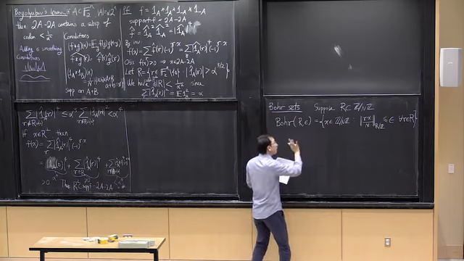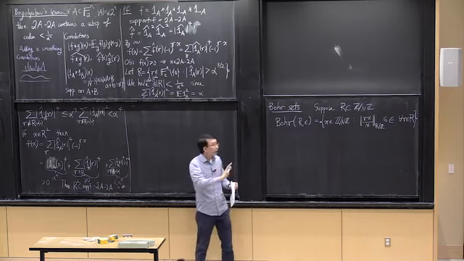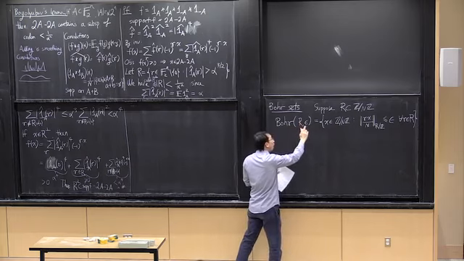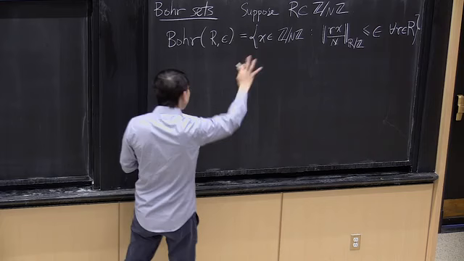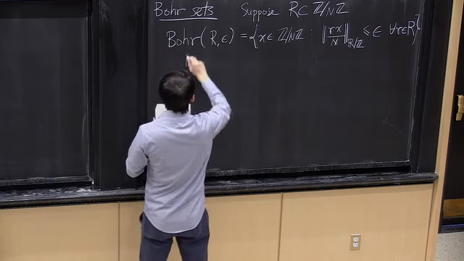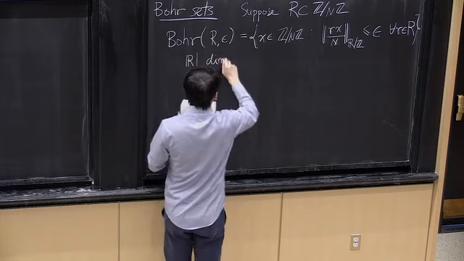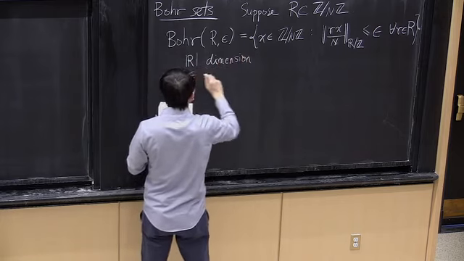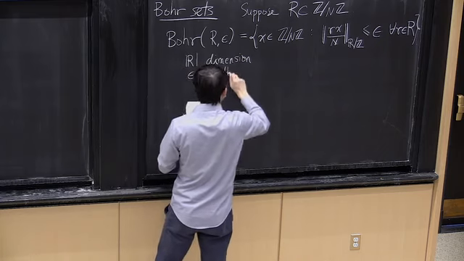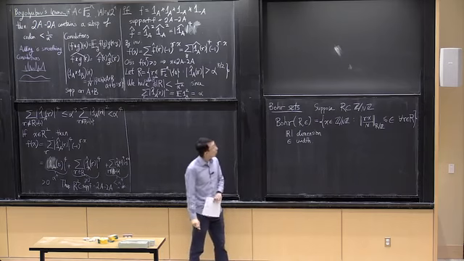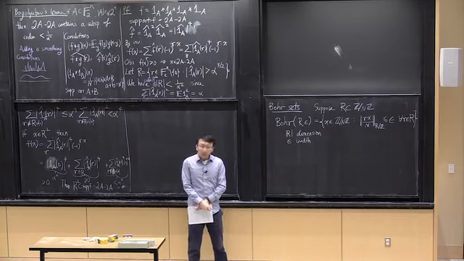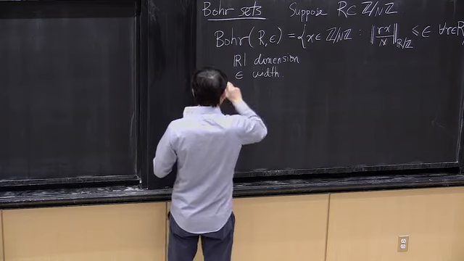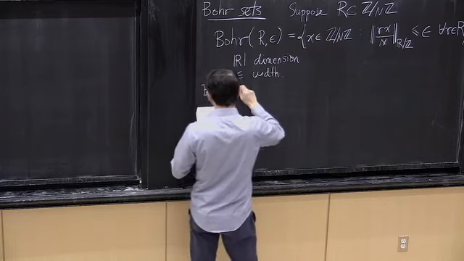Given the Bohr set, which technically speaking is more than just the set itself, but also includes the information of R and epsilon, so it's the entire data written on the board, we call the size of R the dimension of the Bohr set, and epsilon the width. Bogolyubov's lemma for Z mod n now takes the following form.